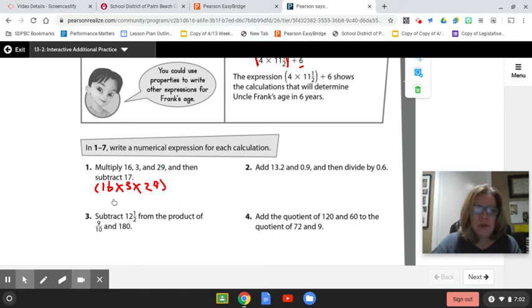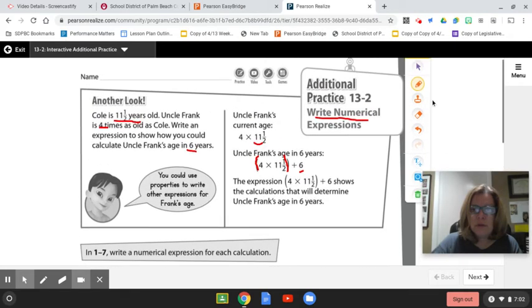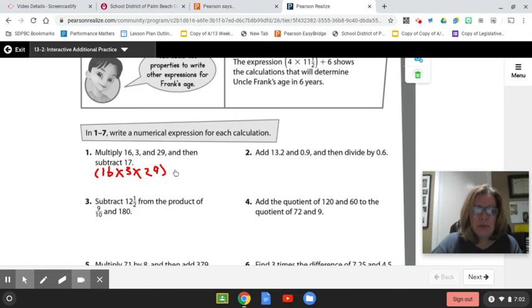I know it's sloppy. And then subtract 17. I'm going to change my pen so you can see it. So then you would subtract 17. That's it. That's how you do that. You do not have to find the answer. This particular lesson is just writing.